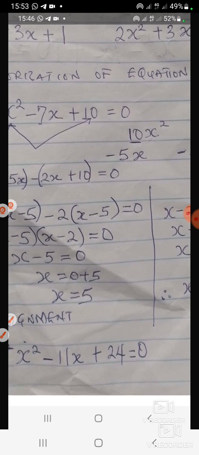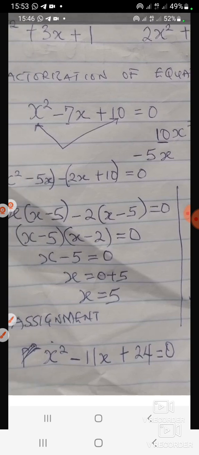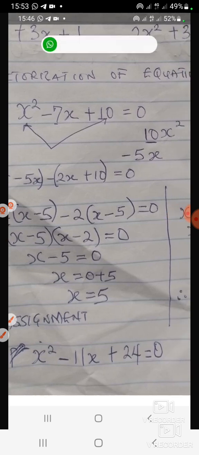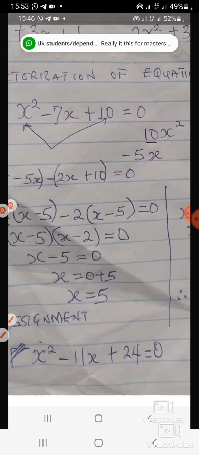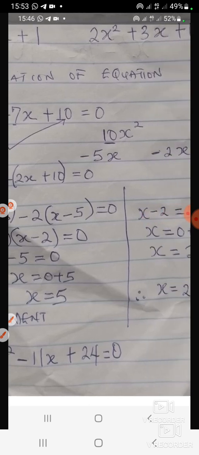It's not an expression, it's an equation. So you look at this, go through my example over there, and solve this one and drop it in the comment section. So when you drop it in the comment section, I'll be able to look at it, score you, and send your score into the platform.